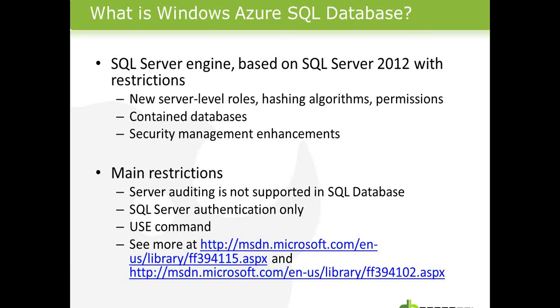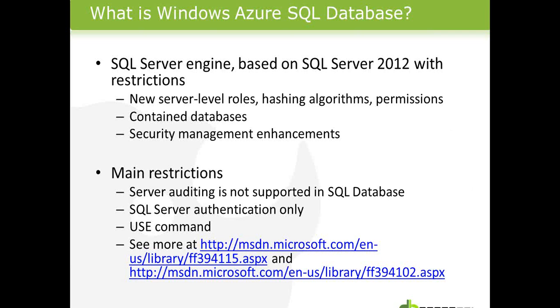In terms of security, what we've seen introduced in SQL Server 2012 and migrated to SQL Azure are new server-level roles, improved hashing algorithms, and additional permissions. One additional major feature that was added is contained databases, and we're, as I said, going to discuss that in more detail later. And there are some more security management enhancements added into SQL Server 2012 and migrated into SQL Azure.